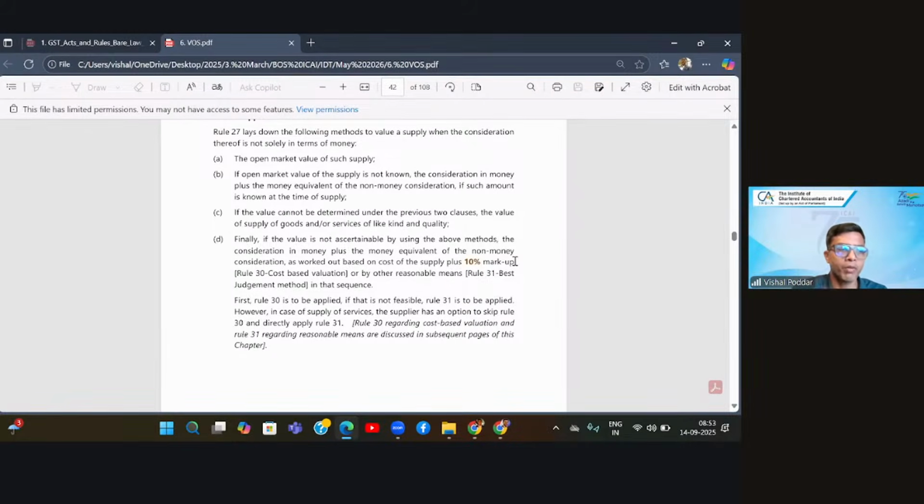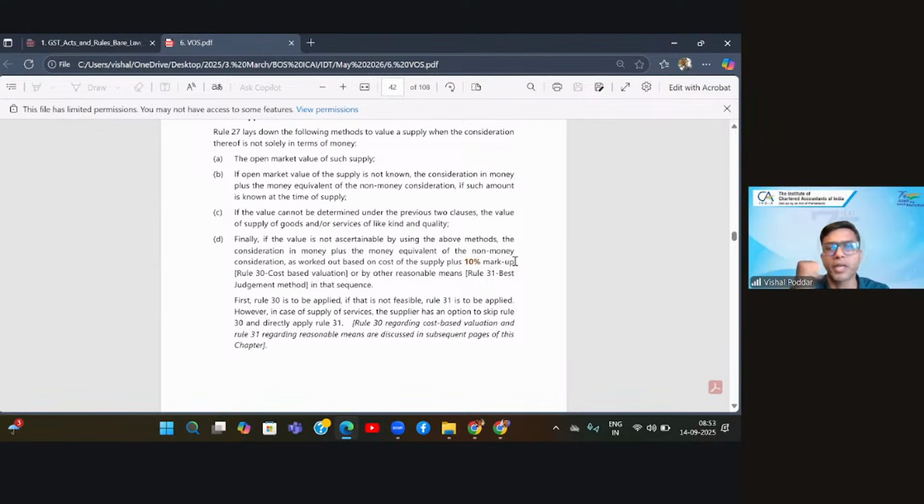So if I cannot find the value from external factors, what were the external factors? A, B, C are external factors: my price to others, or what I have received, the fair market value of that, or what other CAs are charging in my market.